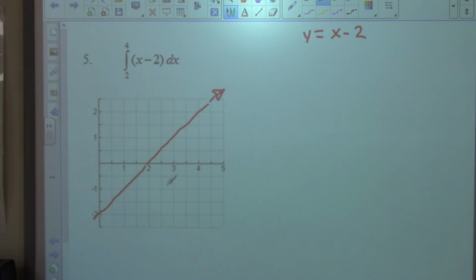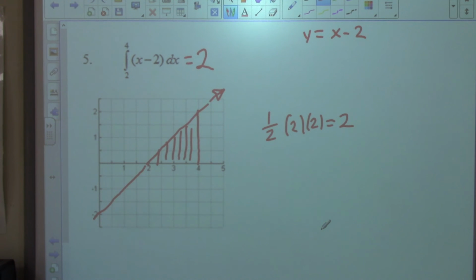And we're going from 2 to 4. Then when you take the area of the triangle, it's going to be 1/2 of the base times the height. The base and the height are 2, and 1/2 times 2 times 2 equals 2, right? Does that look right? Yeah.